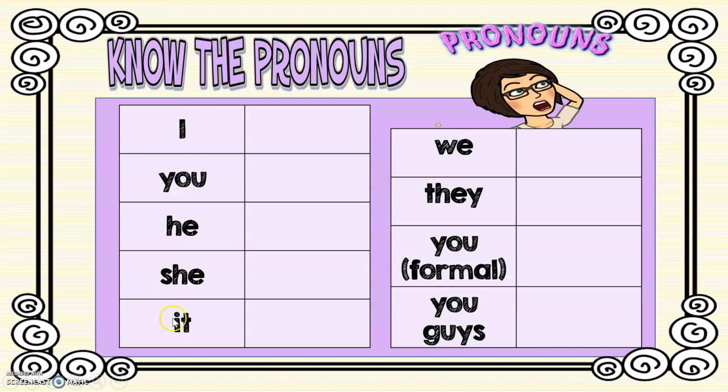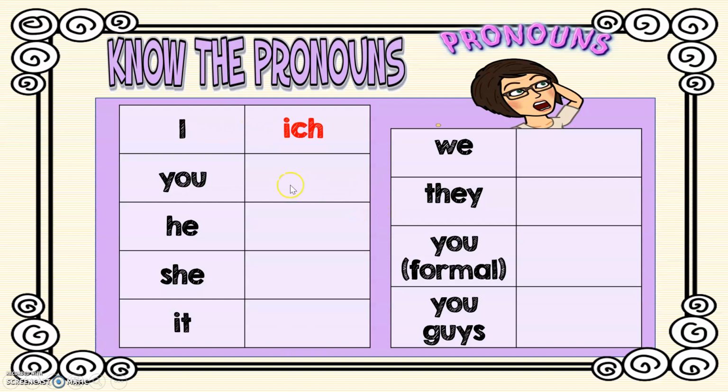So here are our subjects: I, you, he, she, it, which will always conjugate the same because they're third person singular, we, they, and you formal, and you guys. This is the plural you. Remember, in German there are three yous. There's you informal, there's you formal, and there's you plural. Do you remember some of these pronouns already?